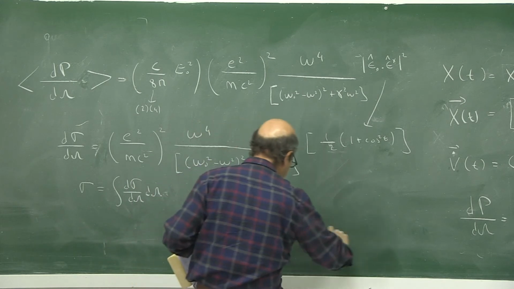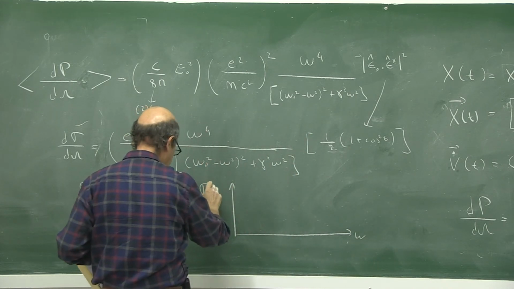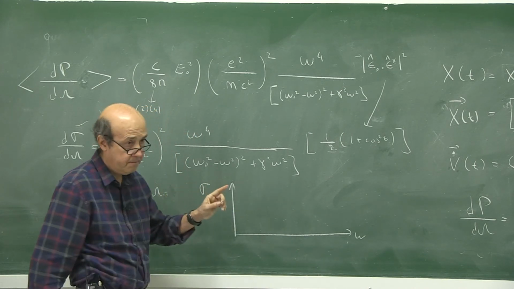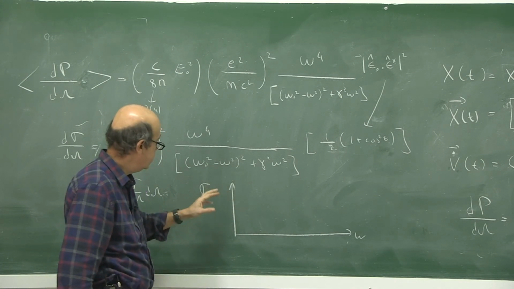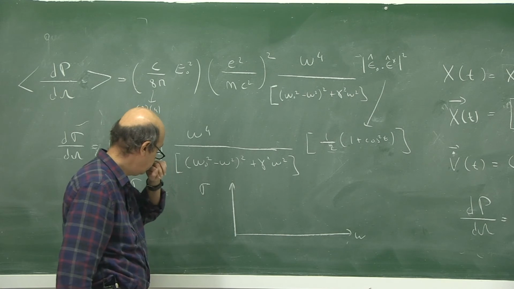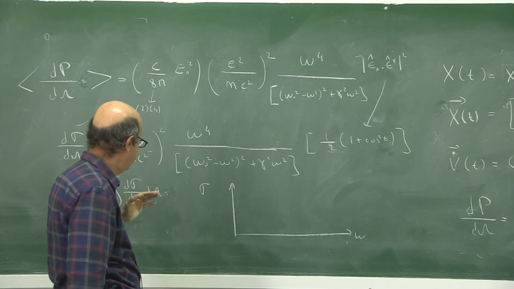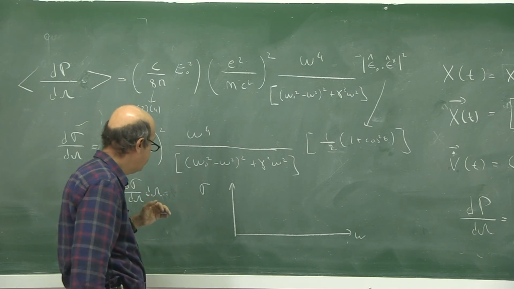And the important thing here is the following. This is the frequency, this is the scattering cross section. The important thing is this. If the frequency of the incoming wave is at very low frequencies, what happens?